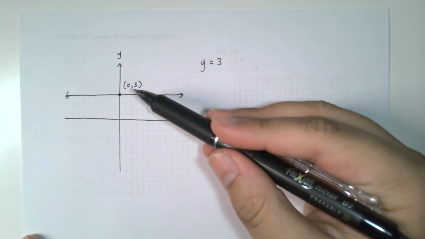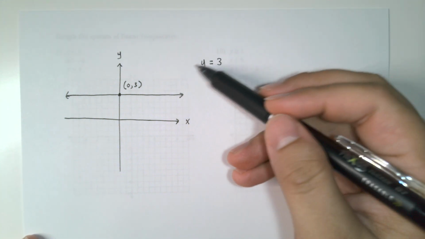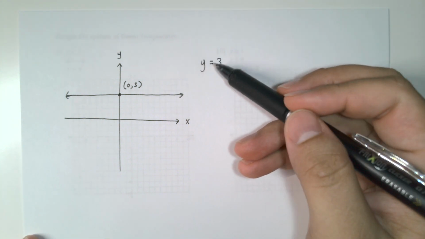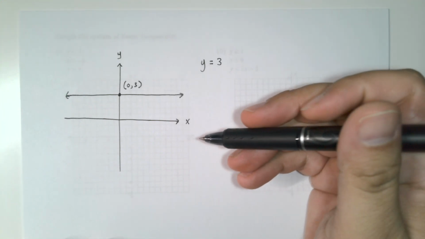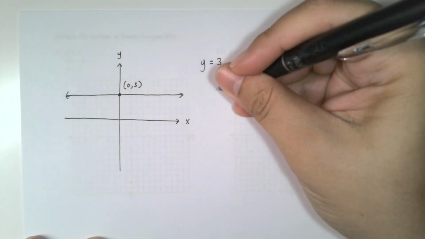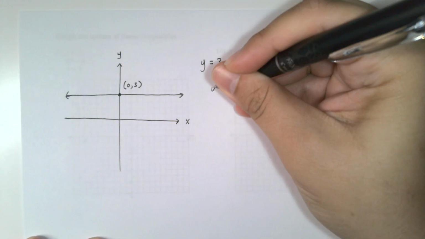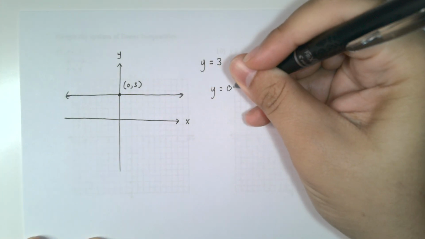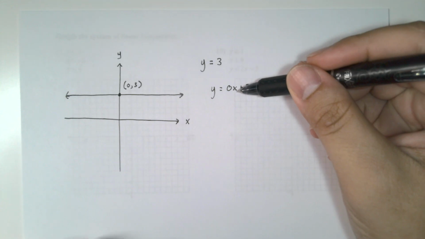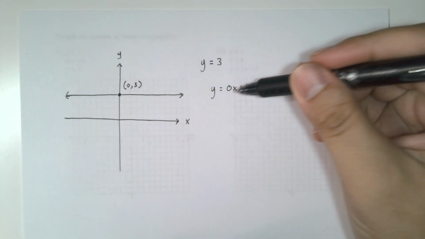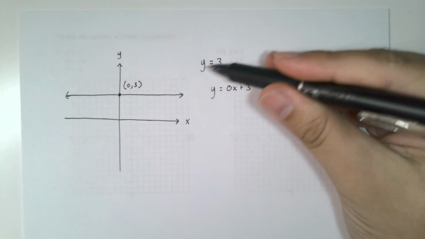So the y-intercept of this equation, y equals 3, will be whatever this number is, so 3. You can kind of think of this as a special case of the equation y equals 0x plus 3, because 0x is just going to be 0, so we really don't need to write 0 plus 3, and hence we can just write y equals 3.